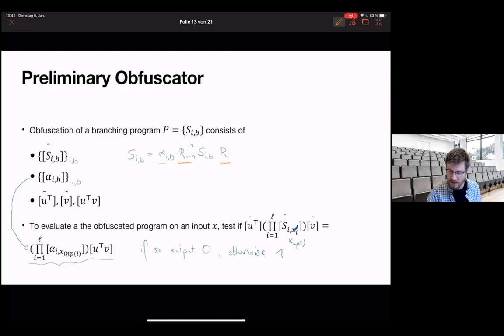So here you're supposed to choose x_inp(i), so you're supposed to choose the bit b that's dictated by inp(i), but there's no mechanism yet that forces you to actually choose it that way. You could still choose any bit.